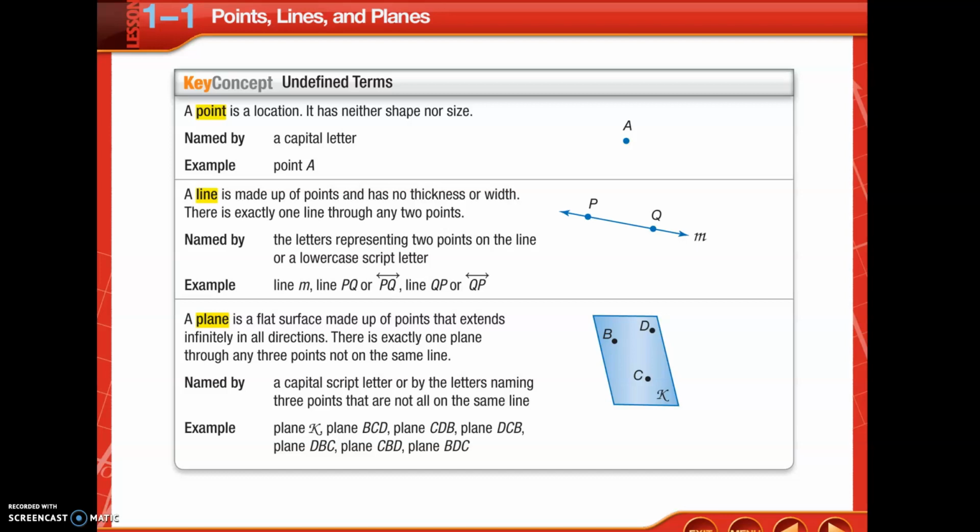A plane is 3 points that are not collinear, so not in the same line, and we have to have the word plane because 3 points also make a triangle, so we want to define which one we're doing. So you can either name it plane K with that cursive K in the corner, plane BCD, plane CDB, any 3 points that are not collinear.